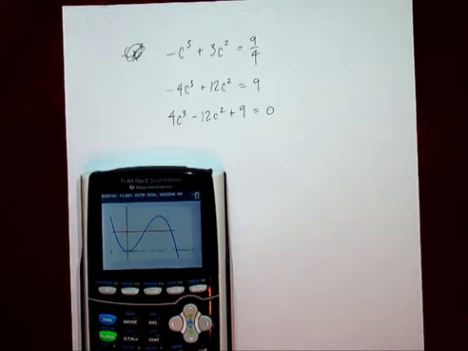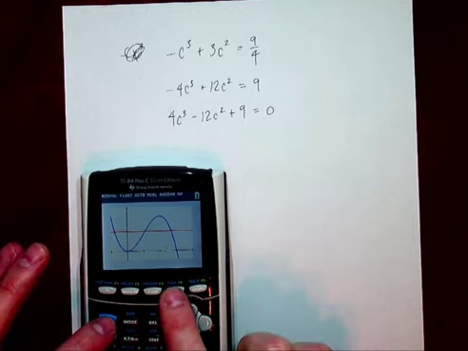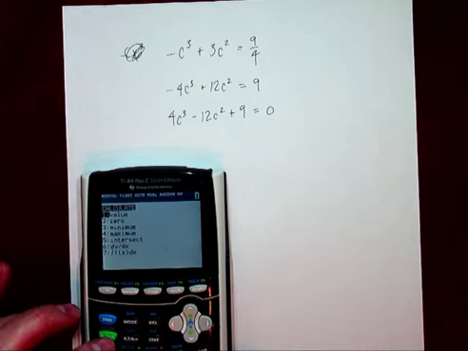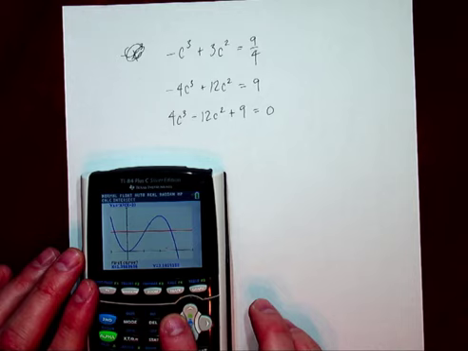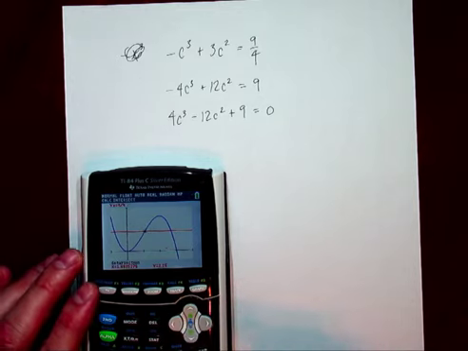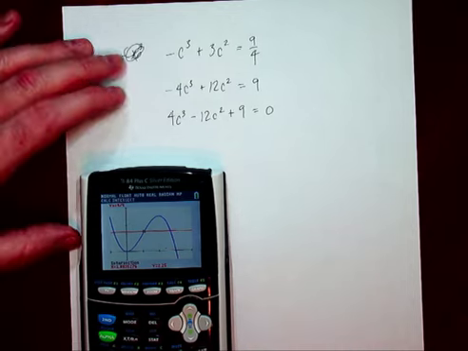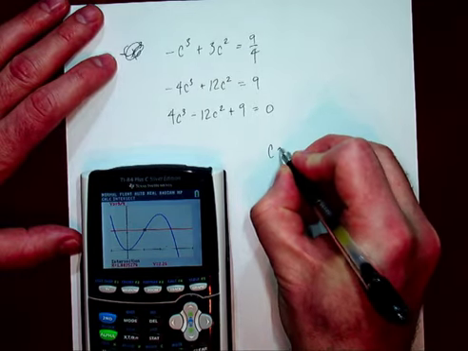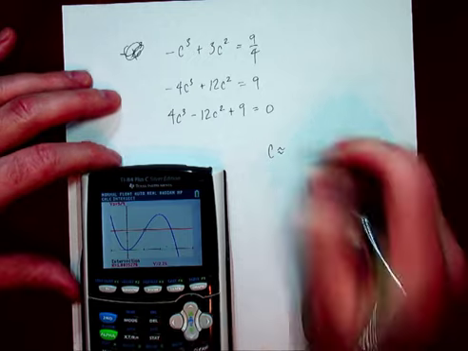And let's just calculate the intersect, okay? Go down here, get close to this one, get close to that one, and it winds up looking like our first value for c is 1.084.